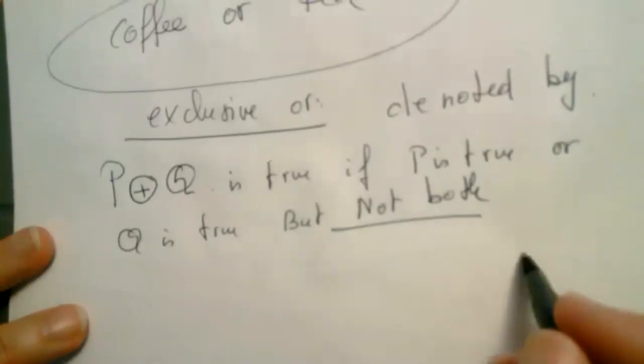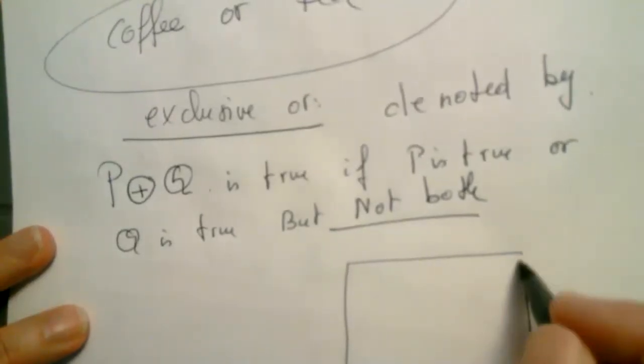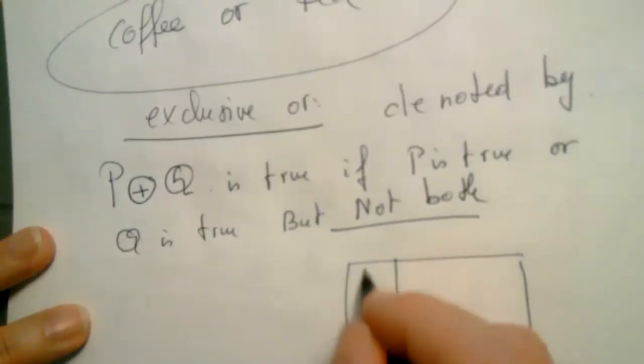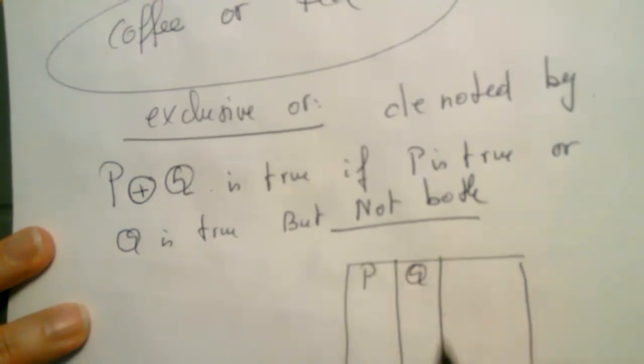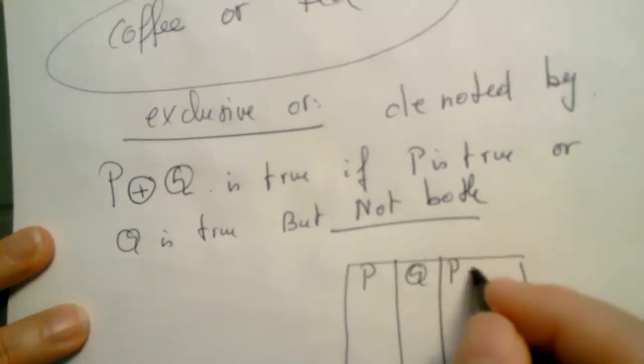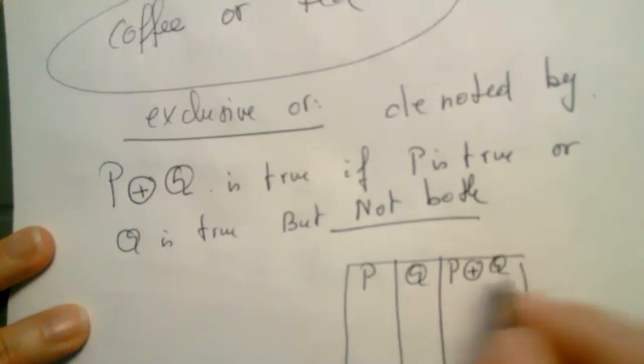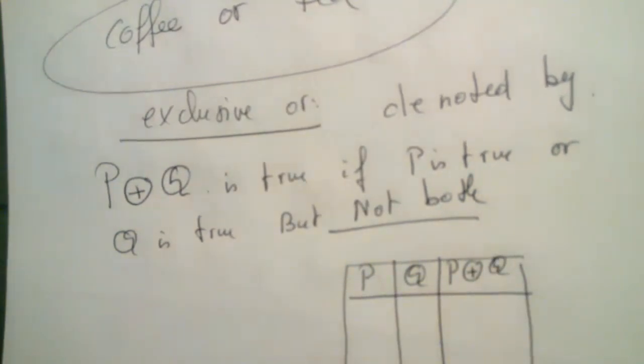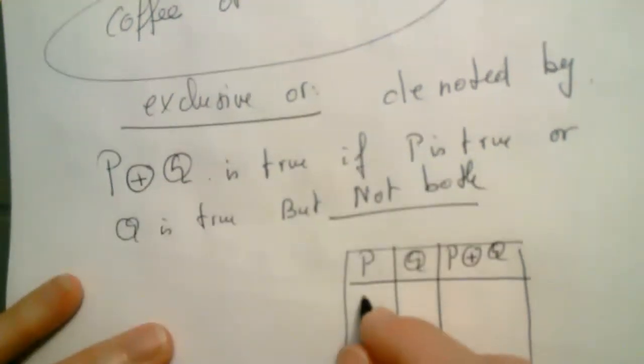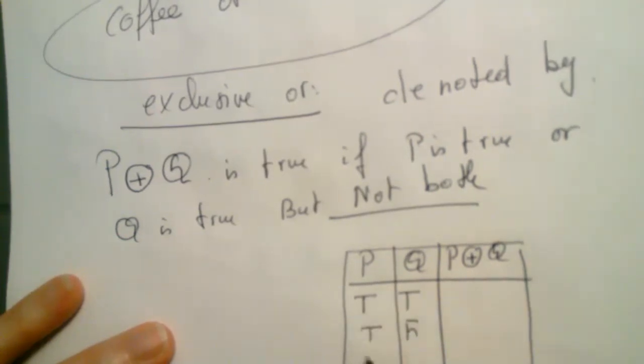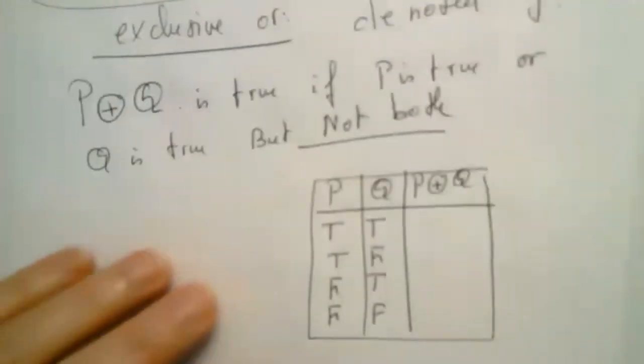It means the truth table for it will be the following. P, Q, P exclusive OR Q. It's important to know the difference. P can take two values, true and false, and if it takes true, Q can take two of them. If P is false, Q could be true or false. Now, what's the value of the exclusive OR?